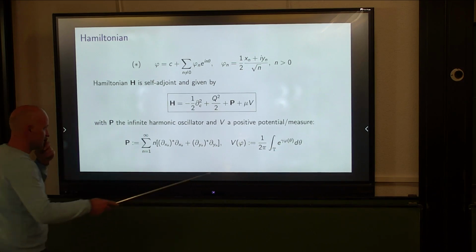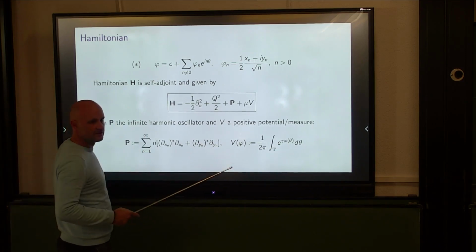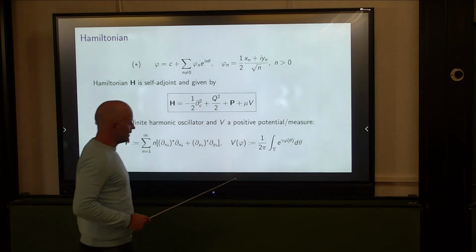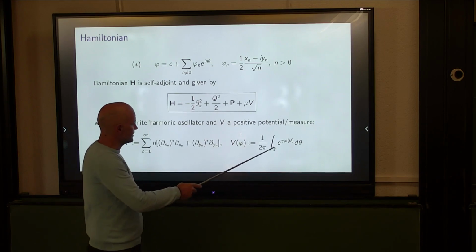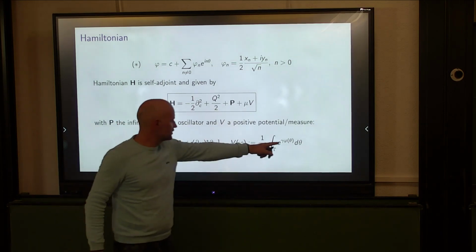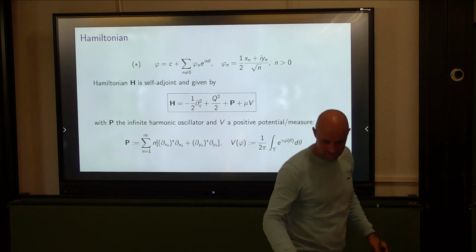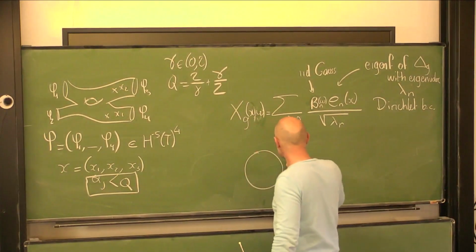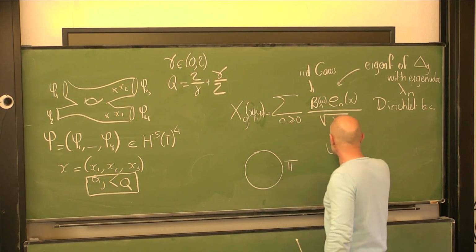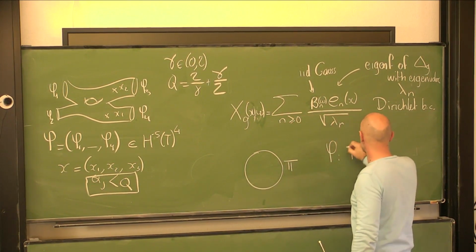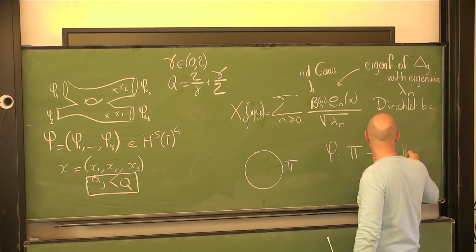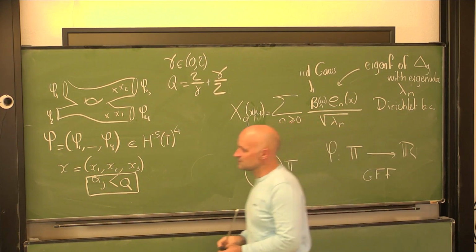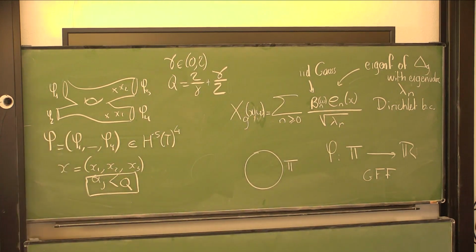Actually this potential is very bad, because if you look at GMC in dimension, because now we are on the circle, I have my circle T, and phi is defined on T. It's a GFF on the circle. Turns out that now when you are on the circle, you are in dimension 1.